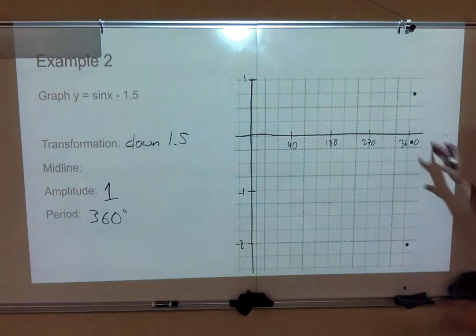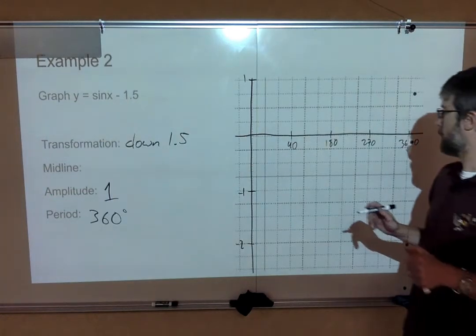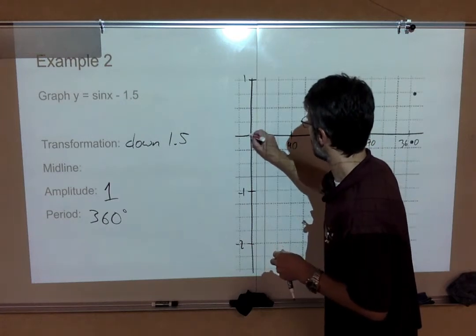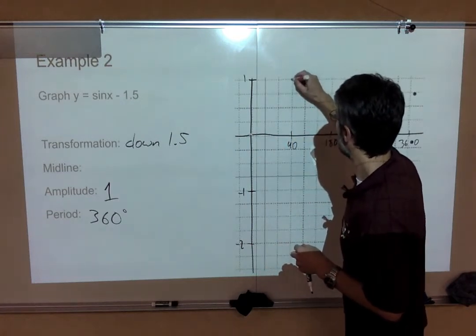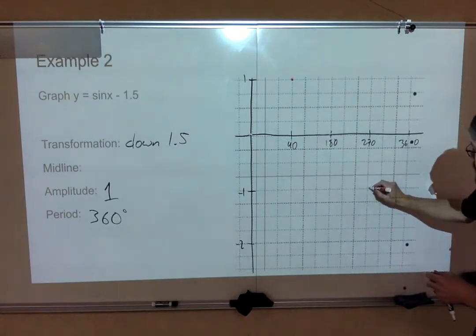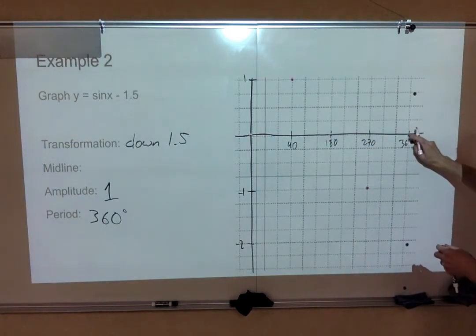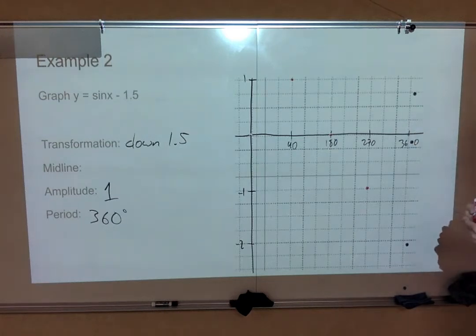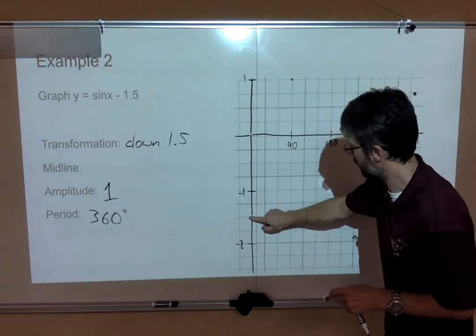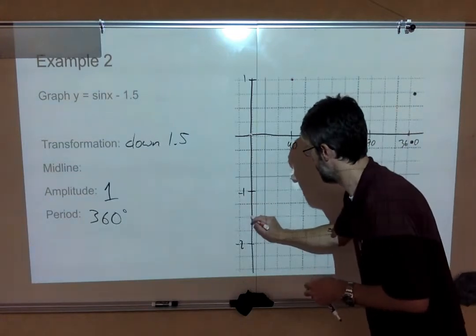So that's a good scale for this one. Okay. My original 5 important points. Origin, up to 1, down to 0, down to negative 1, back up to 0. Now let's shift each of those down 1.5. So this, if it goes down 1.5, is right here.